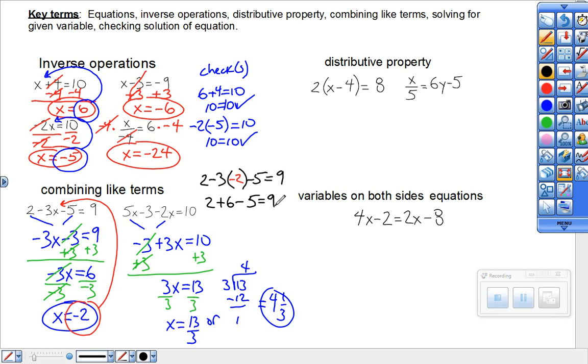So you can see when I did my check on that one, I made a big mistake. When I added 9 and 3, I should have got 12. So when you're doing a check, it's a good way to go back and see if your solution is correct. So I will fix that.